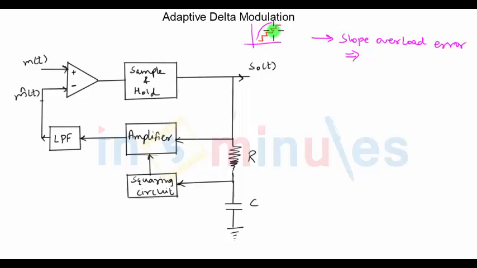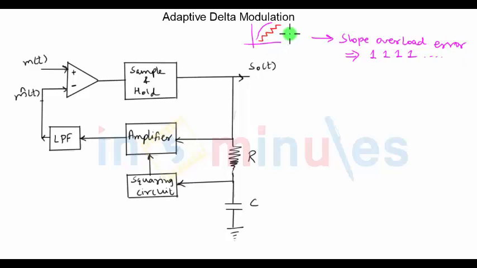You can see m cap t will always remain below m of t, and hence the output of the comparator, and hence my final digital output, will be a continuous stream of logic 1. So when you get a continuous stream of logic 1 at the output side, this tells us that slope overload error is taking place, because m cap t is not able to meet m of t at any point.